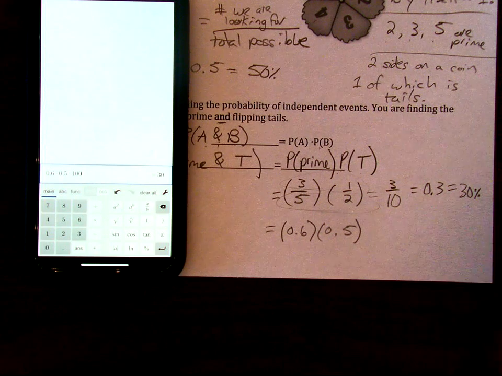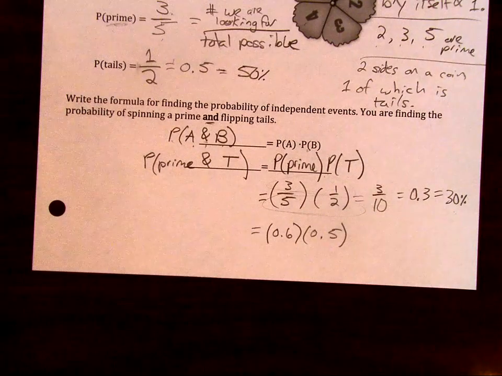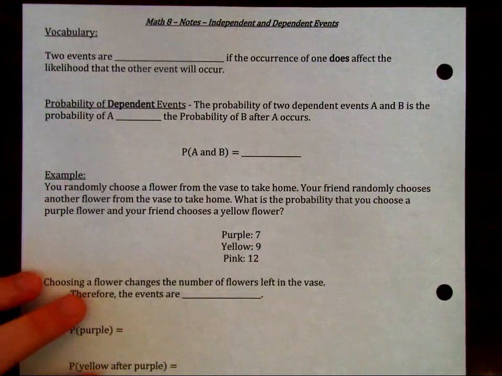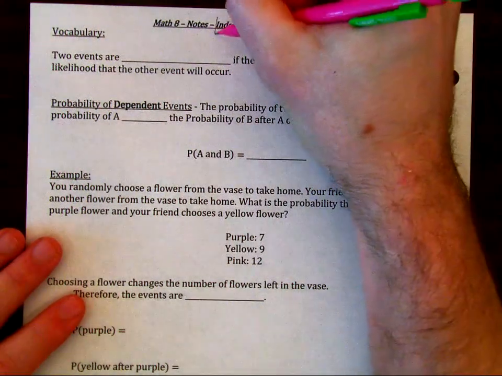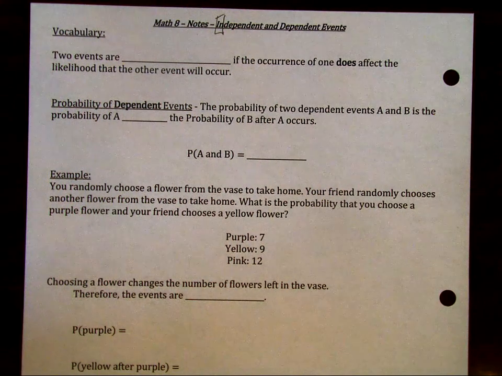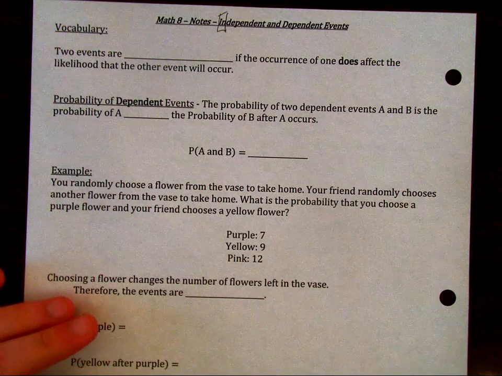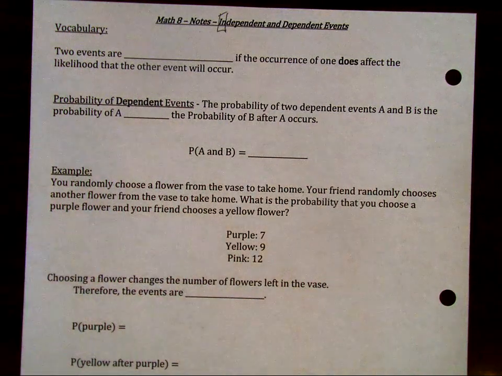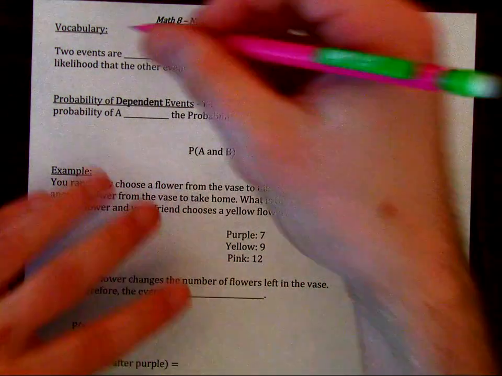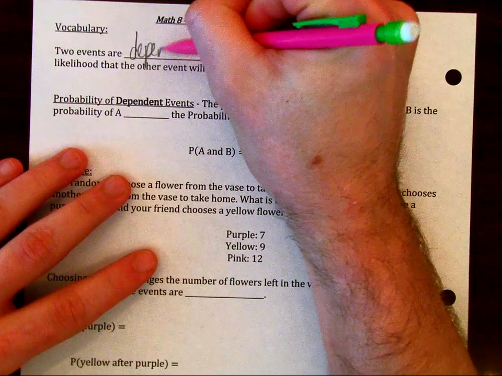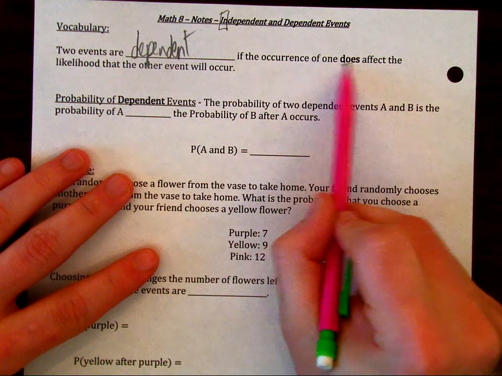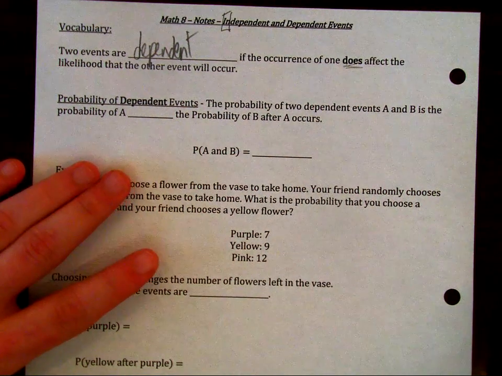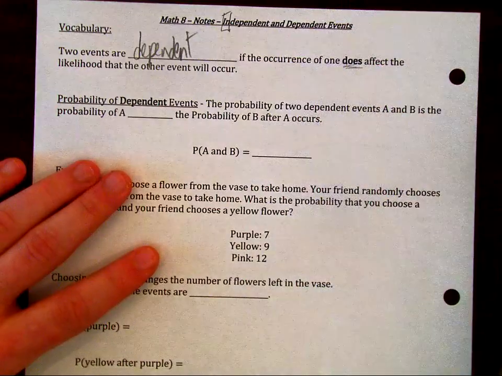All right, so now let's try this out. So what happens now if they are dependent? So again, notice how we have that prefix in. We're saying those are not dependent. However, on the back, we're saying if two events are dependent, if the occurrence of one does affect the likelihood of the other. So again, a nice way to remember this is like this.